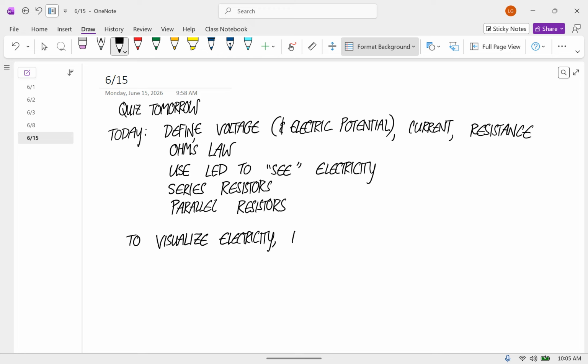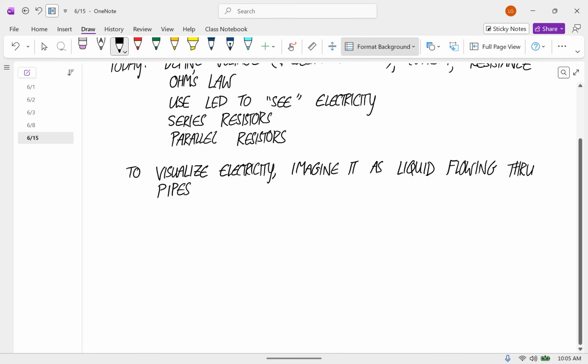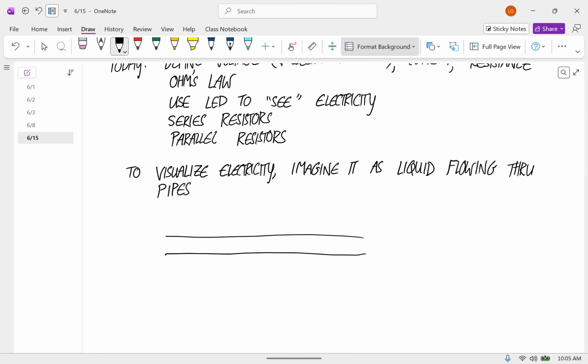So to visualize electricity, imagine it as liquid flowing through pipes. The simplest thing we're going to think about is here's our pipe, and we're just going to ask ourselves what's happening at this red cross section of the pipe.